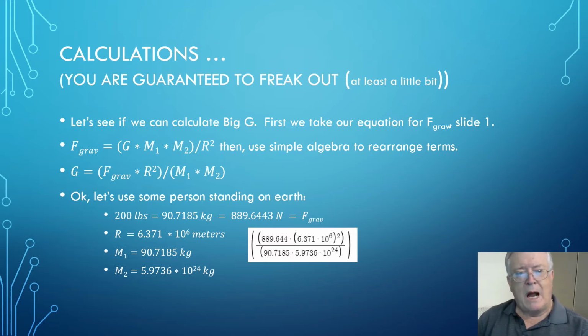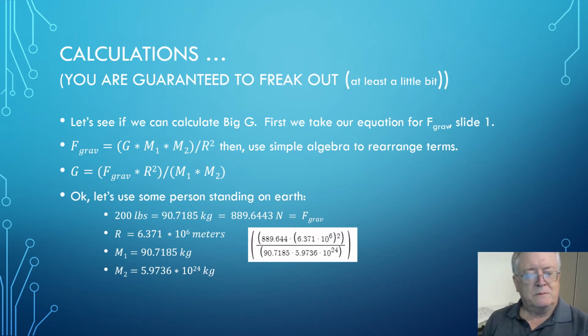So I picked some person who shall not be named, David, and used that as my M1. So it's 200 pounds, which is equal to 90.7185 kilograms. I like that kilograms number, nice and small.